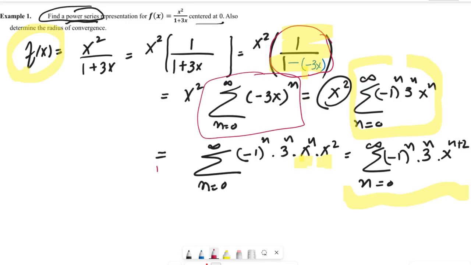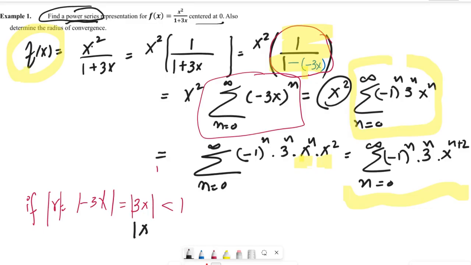This series is a geometric series. It converges if r here is negative 3x. So the absolute value of r would be the absolute value of negative 3x, which is 3 times the absolute value of x, and this must be less than 1.